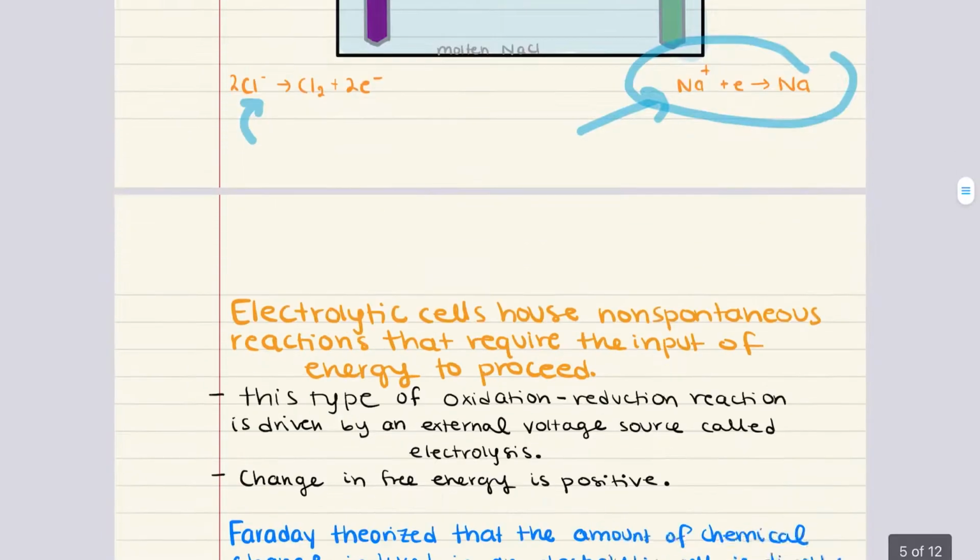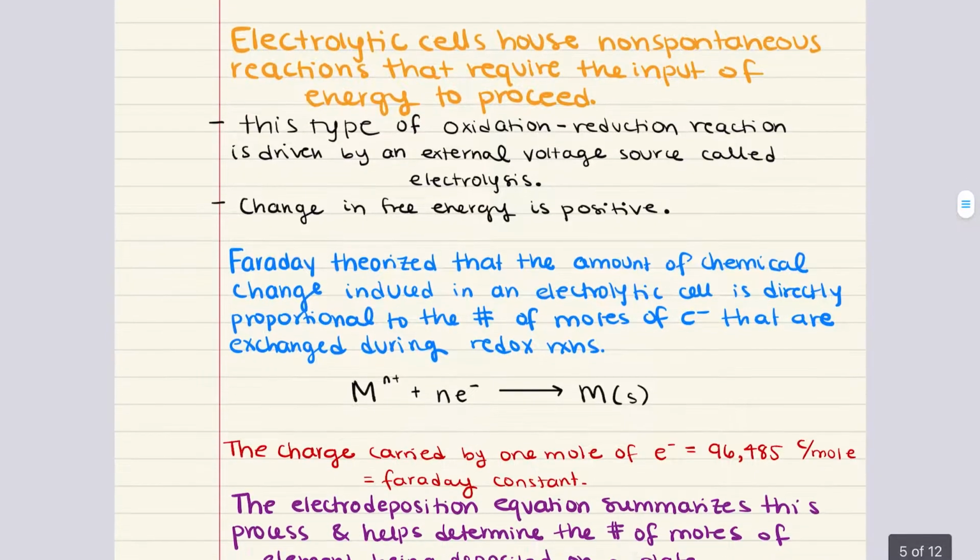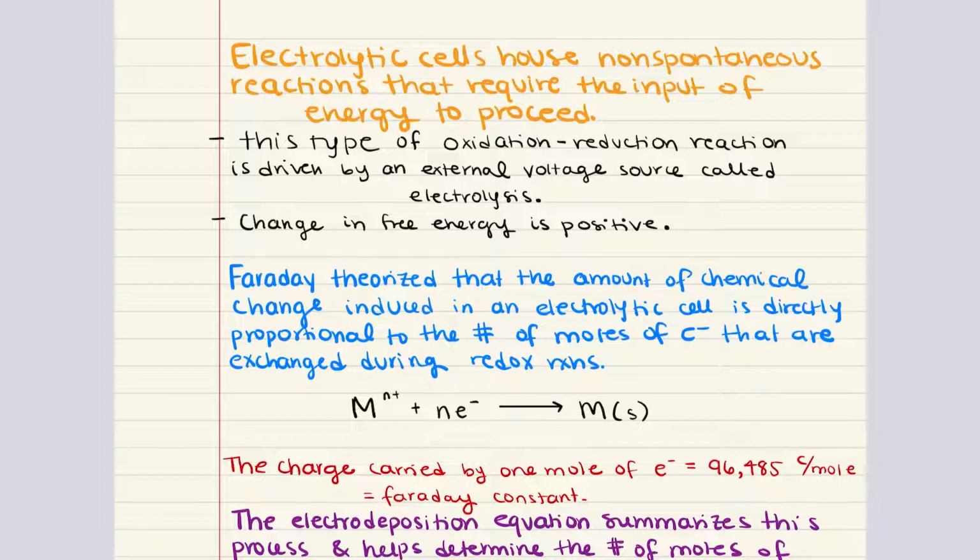Now, we've covered a lot in regard to electrolytic cells. It's also going to be important to discuss a little bit about who defined the principles governing the behavior of electrolytic cells. And that man is Michael Faraday. Michael Faraday was a pioneering scientist whose work in the early 19th century laid the foundation for the field of electrochemistry.